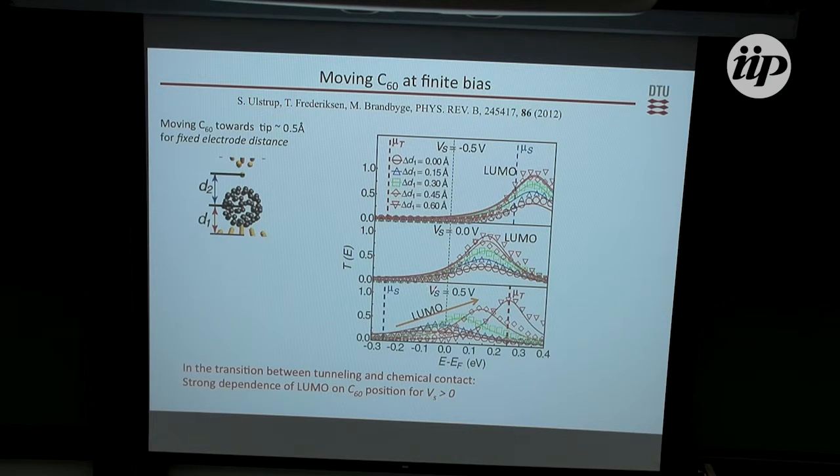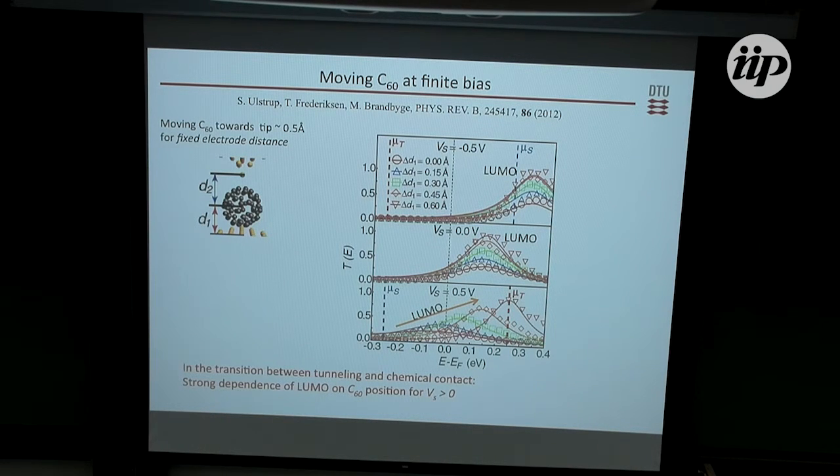But if I go to positive voltages, when I shift the C60 just slightly, the resonance is moving quite a lot. So this means that at positive voltages, there's a very strong coupling between the position of the molecule and the electronic structure.